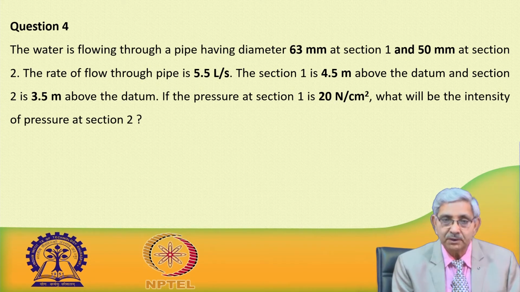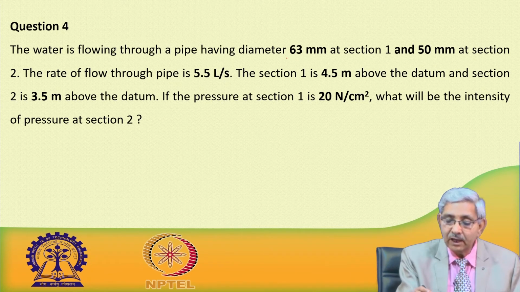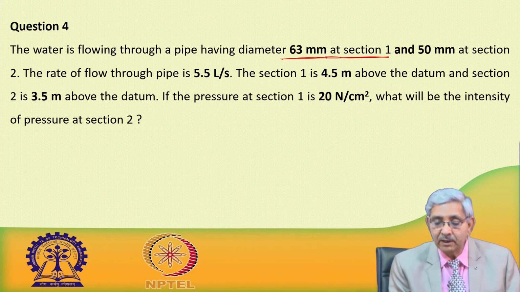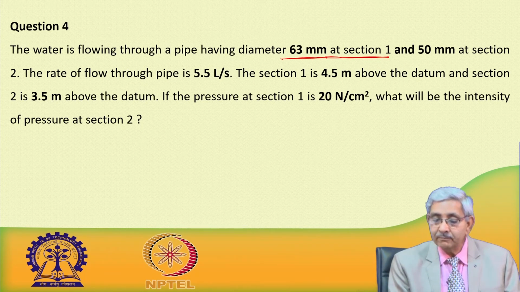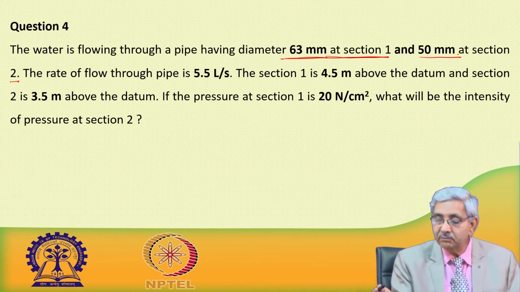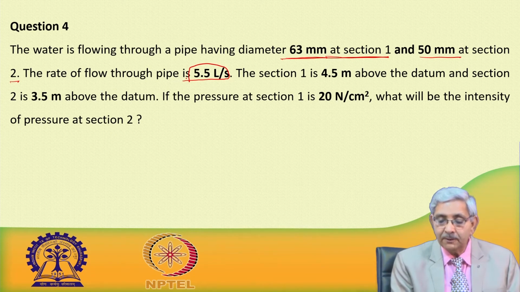In this fourth question, we are given that water is flowing through a pipeline having diameter 63 millimeter at section 1. So, there are two sections, one section which has a diameter of 63 millimeter, and in section 2 another pipeline which is of 50 millimeter diameter, and the flow taking place in this pipeline is 5.5 liter per second.